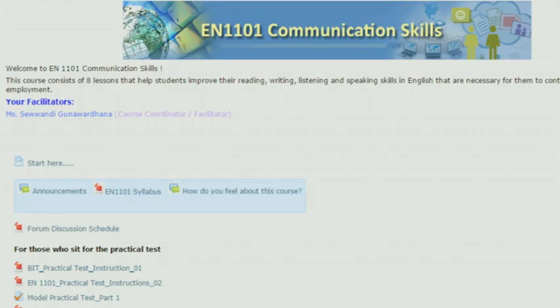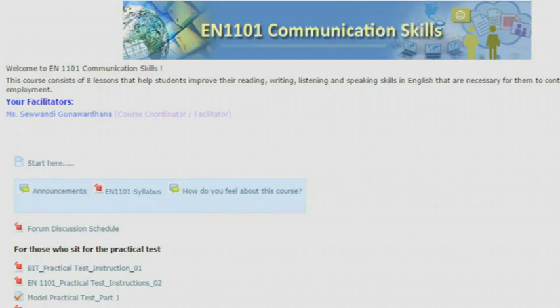Hopefully everybody has logged into the LMS and you have seen what I'm talking about: the model practical test paper, the content, the teaching material, and whatever we have uploaded. It's all for your learning and it contributes immensely whenever you come to answering the test papers, and of course for your knowledge as an IT graduate.